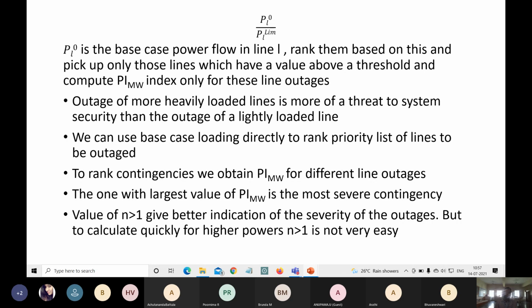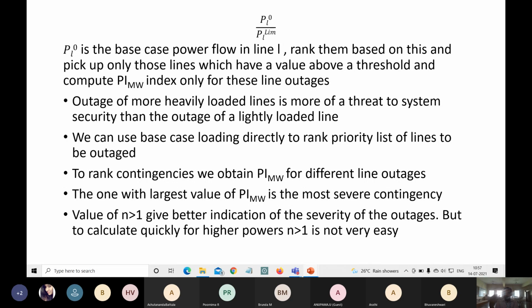Okay, so the outage of more heavily loaded lines is more of a threat to system security than the outage of lightly loaded lines. So for transmission lines, when calculating outages, the heavily overloaded lines are the most critical outage conditions, and lightly loaded lines are the least critical.